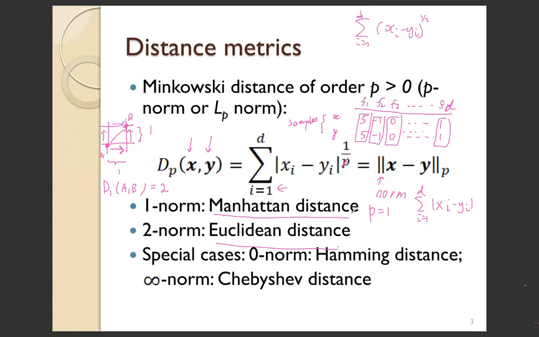Our normal, usual mathematical space is a Euclidean space. The other ones are a bit weird. We generally don't use P equals 3, 4, 5 and so on. They go into some abstract space, so we generally don't use them. We basically use 1 and 2.